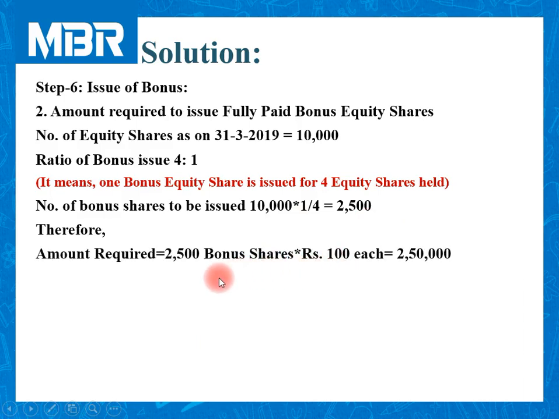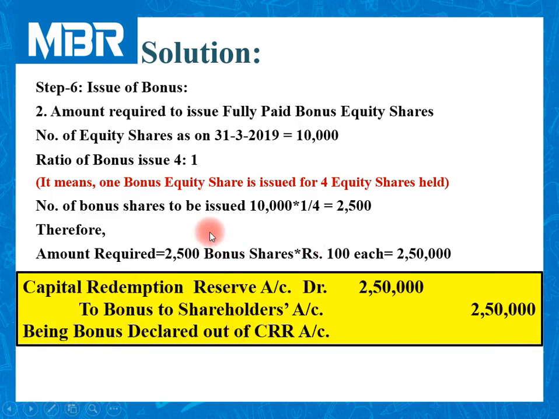Therefore, amount required by the company to issue this bonus: 2,500 bonus shares multiplied by face value of the share rupees 100. Total amount required by the company 2,50,000. Now, this bonus issue is related to new issue of bonus shares, or you can say issue of fully paid bonus shares. For this purpose, the Companies Act permits us to utilize amount from CRR.